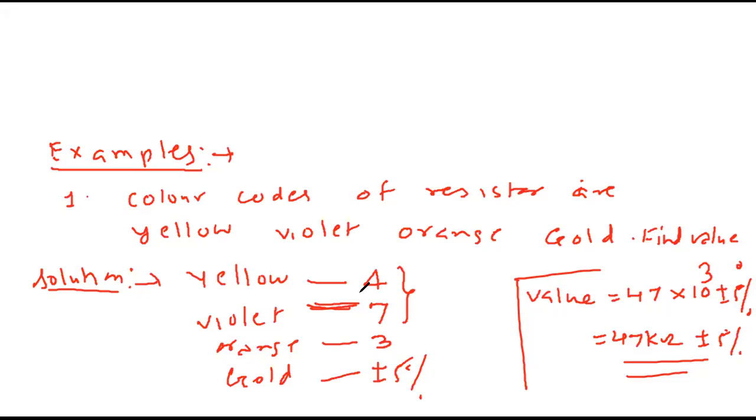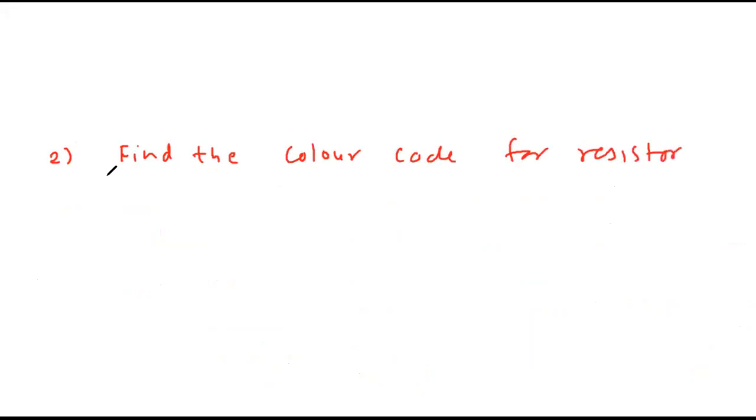Okay. Second one. Find the color code for resistor of value 330 ohms.